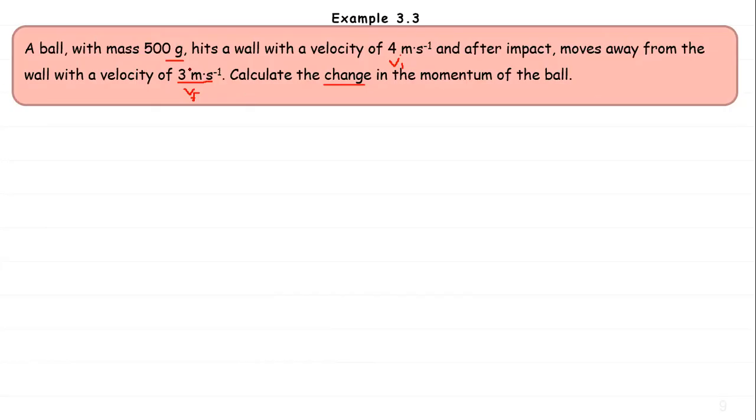And then they tell us after the impact, it moves away from the wall. So can you see that the directions are different? We actually have the ball going towards the wall. And secondly, after the impact, it goes in the opposite direction. In other words, the other direction now will be away from the wall.